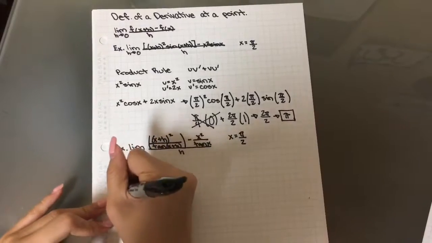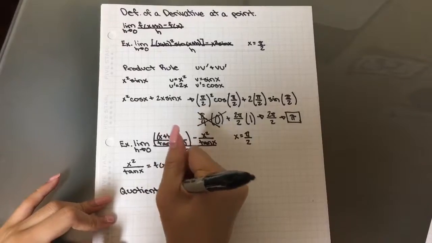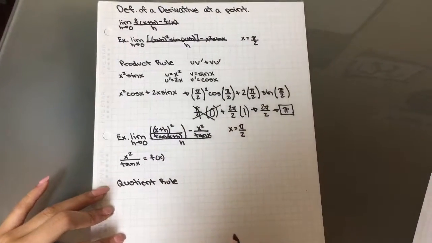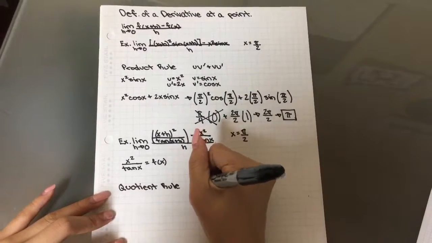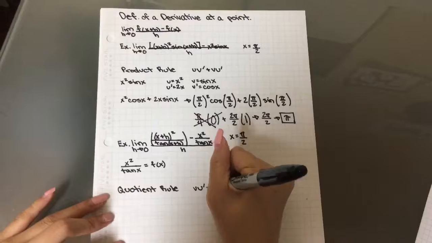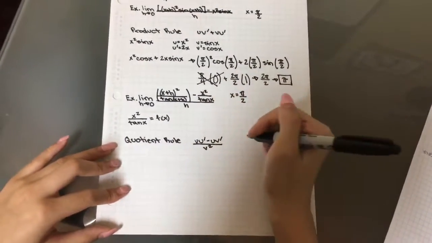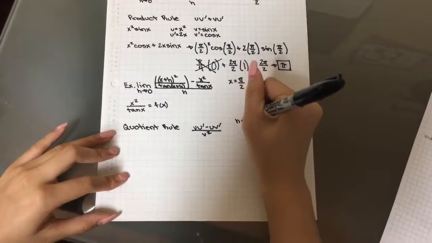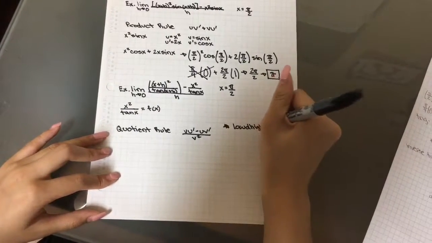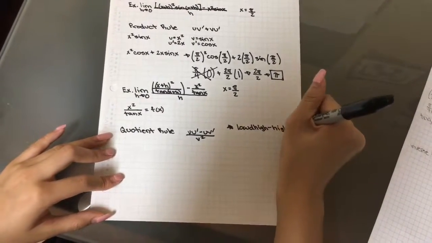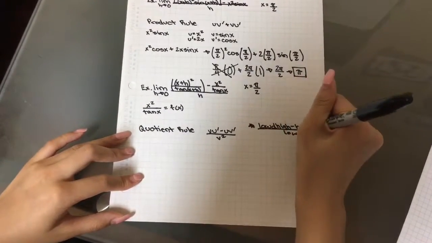To do this, you'll use the quotient rule. The quotient rule is v u prime minus u v prime, all over v squared. A good trick to memorize this is: low d high minus high d low, all over low squared.